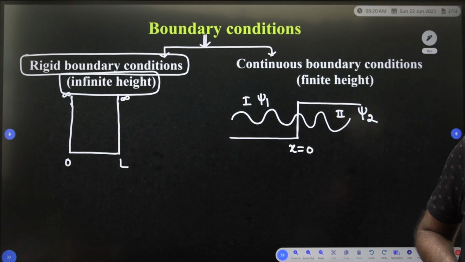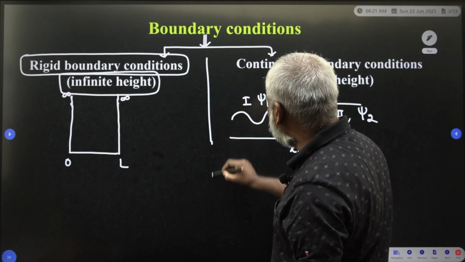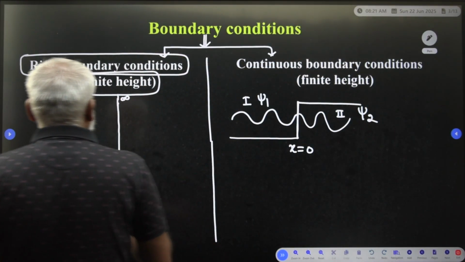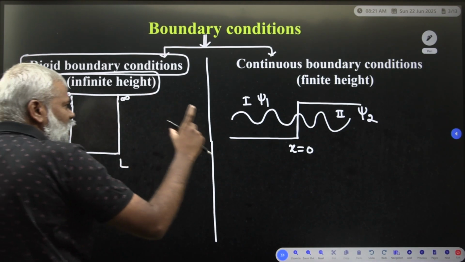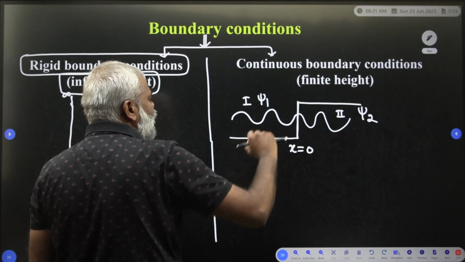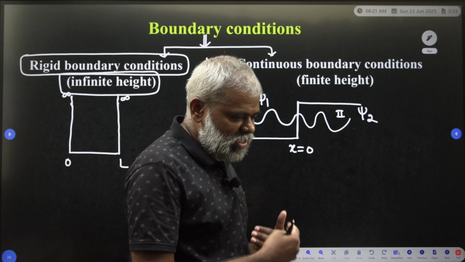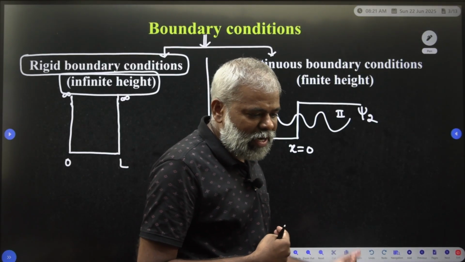Now, we need to write the boundary conditions. How do we write them? There are these two varieties of boundary conditions you have to remember. If the system is like this, you apply this boundary condition. If the system has finite height, you apply this other boundary condition.